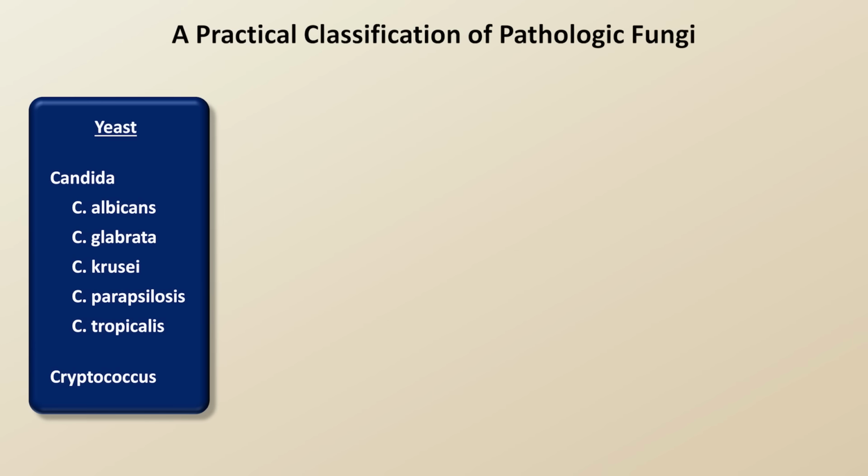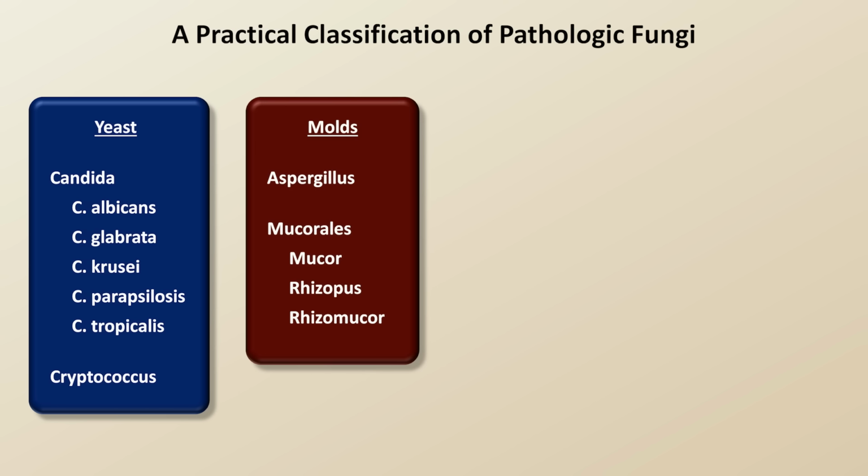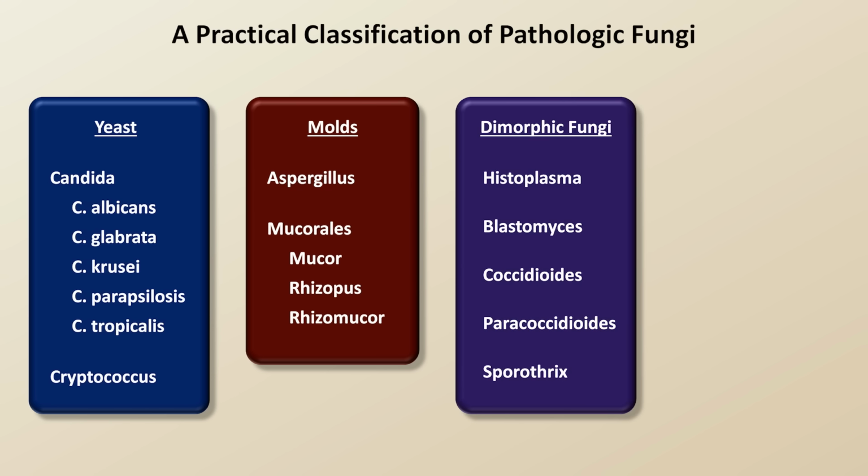So that's it. To quickly summarize, there are 5 major clinical categories of pathologic fungi. The yeasts, which include Candida, of which C. albicans is the most common species, and Cryptococcus. The molds, which include Aspergillus and Mucorales. The dimorphic fungi, including Histoplasma, Blastomyces, Coccidioides, Paracoccidioides, and Sporothrix.